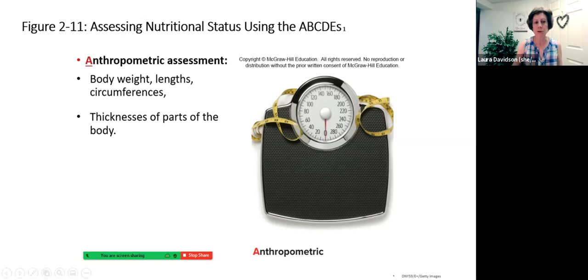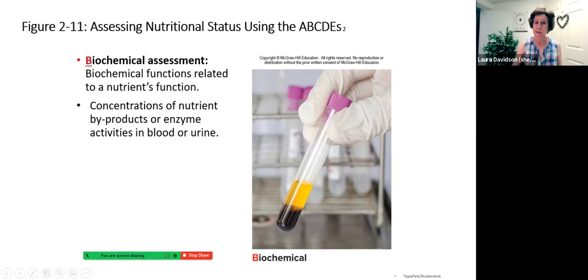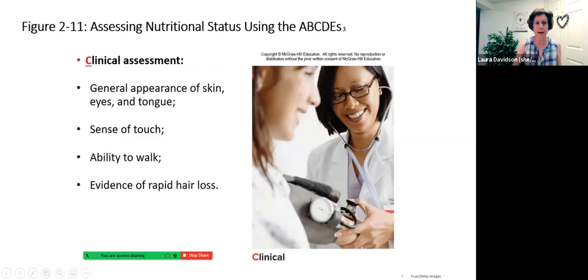So anthropometrics are physical measurements. Remember that. You'll see that on the test. Very important in an assessment. And so are labs, biochemical assessment. We look at things like blood sodium and hemoglobin and hematocrit. We look at albumin levels, potassium, the list goes on and on.